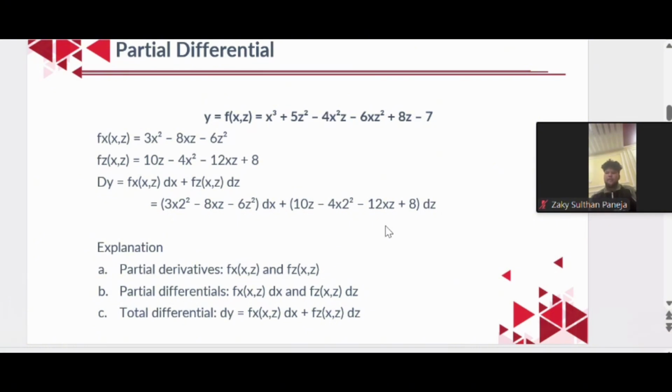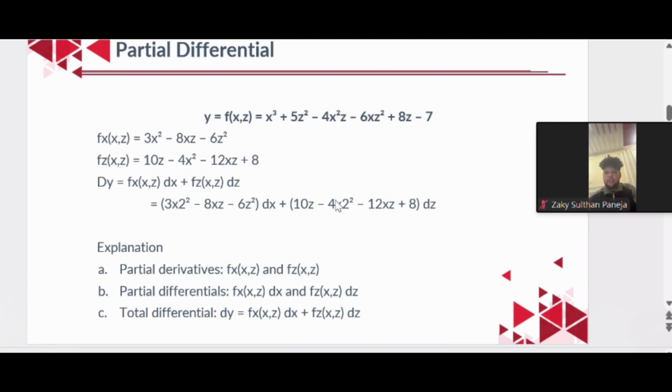Then we combine them together to make dy = f_x(x, z) dx + f_z(x, z) dz. The final answer is (3x^2 - 8xz - 6z^2) dx + (10z - 4x^2 - 12xz + 8) dz.